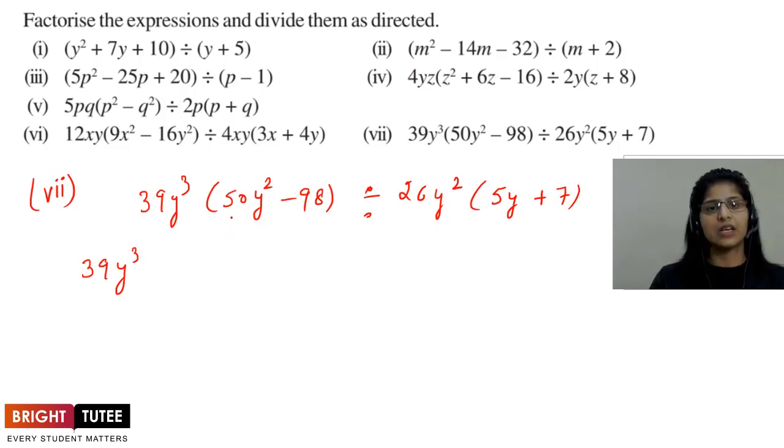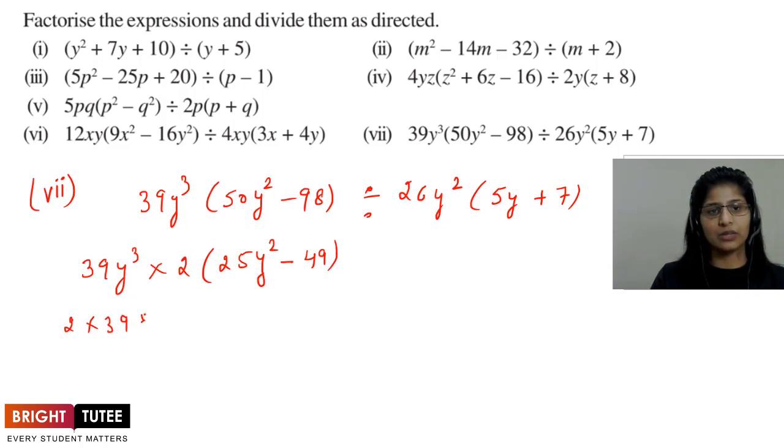Yes, so let's take 2 common first. So we will be left with 25y square minus 49. So we have 2 into 39 into y cube, and 25y square can be written as 5y whole square, and 49 is a square of 7.